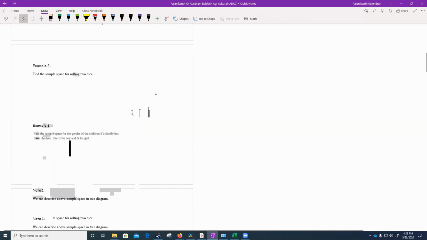Right. So now look at this example: finding the sample space for rolling two dice. You are rolling two dice, so how are we going to find the sample space? Remember, sample space means you need to collect all the possible outcomes.